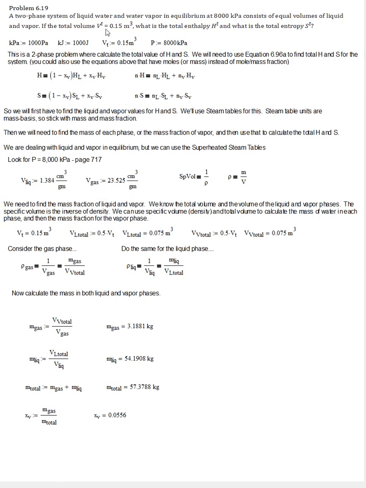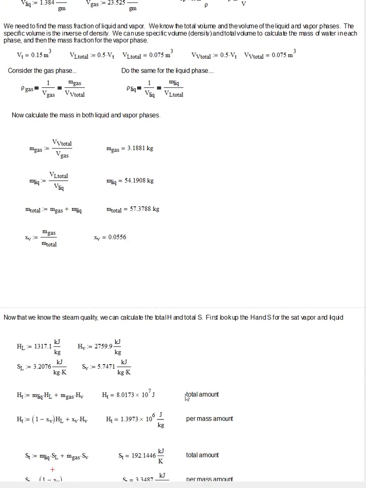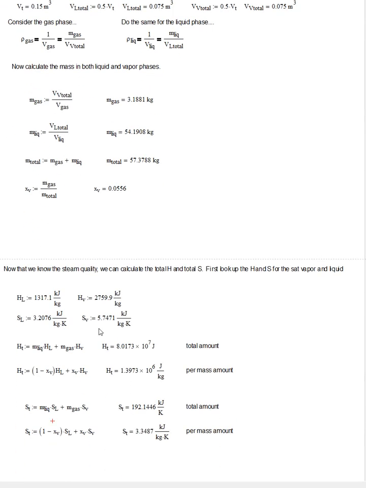And so they give you enough information by giving you the total volume of the tank and the volume of the liquid and vapor phases, to where you can use these density specific volume relations to calculate the mass, and then from there to get the mass fractions. And then this is pretty much plug and chug here to get the final answers.